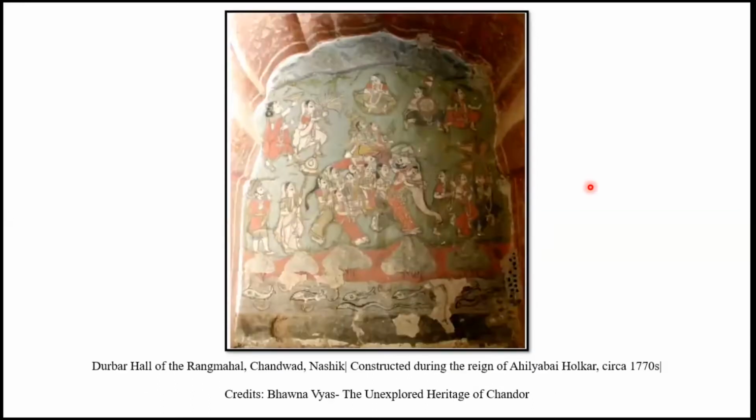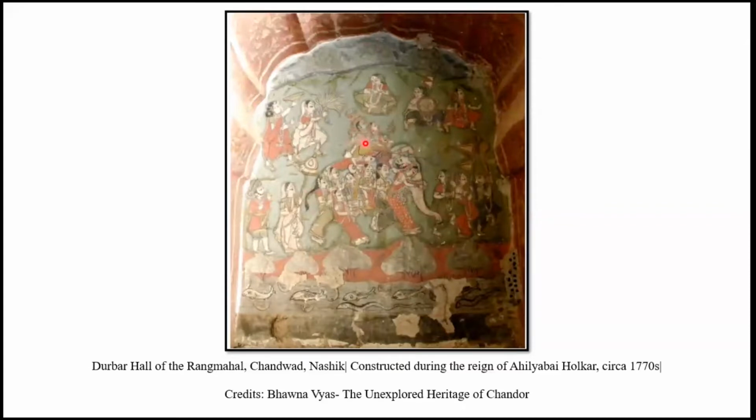I also came across two instances of composite wall paintings. So this is from the Darbar Hall of the Rangmahal, Chandwad in Nashik, and it is attributed to the reign of Ahilyabai Holkar. Again, what we saw earlier, the same thing, female figures creating the form of an elephant.